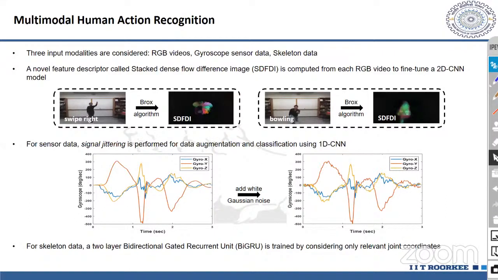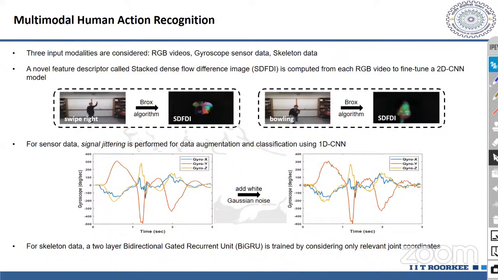Now from this RGB video, assume that we find the stacked dense flow difference image, called SDFDI. So 3D will become 2D. Video is 3D data, because every time t equal to some seconds, you will get a number of frames, and it will be converted into a stacked dense flow difference image.